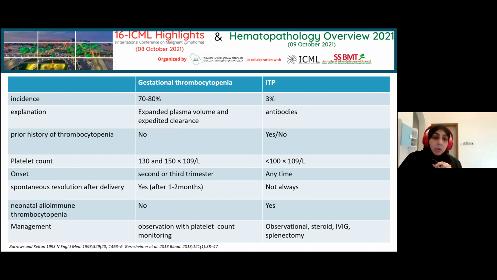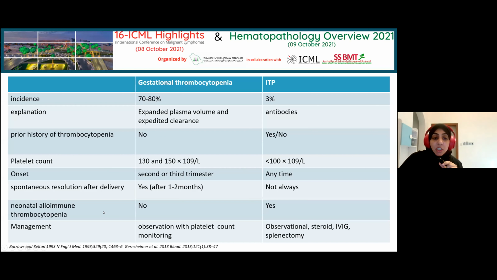Now, the platelet count is usually very mild in gestational thrombocytopenia, with a count between 130 and 150, whereas in ITP, usually it's less than 100. The onset of gestational is in the second or third trimester, as compared to any time in ITP. Spontaneous resolution after delivery is usually the case in gestational thrombocytopenia, but not always with ITP.